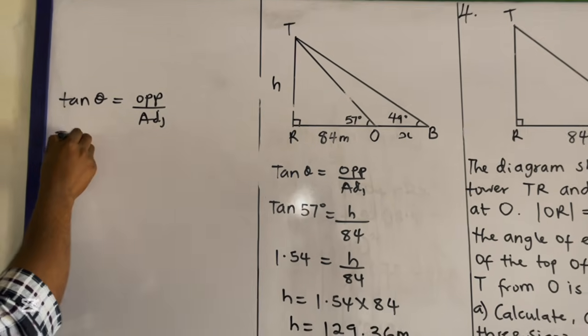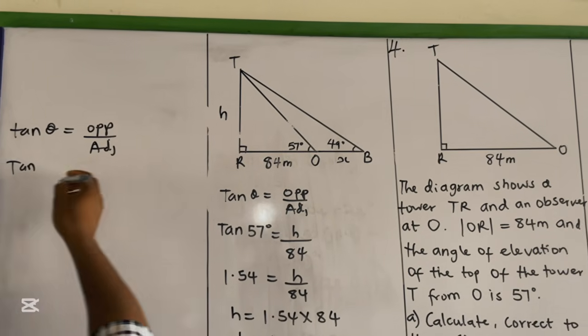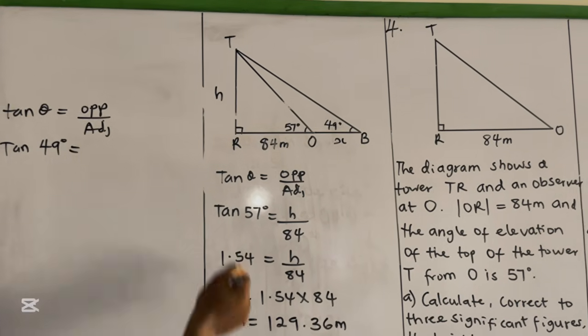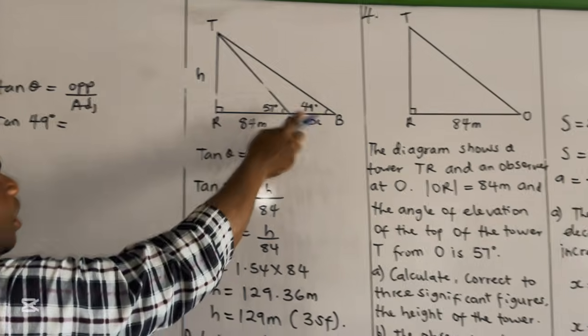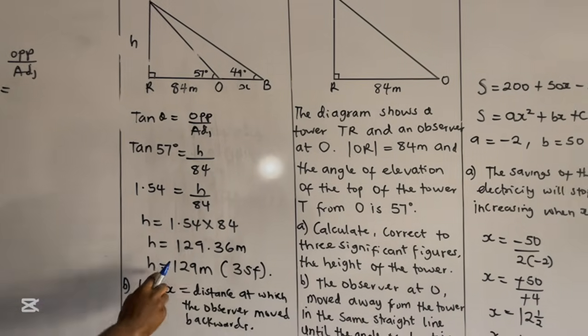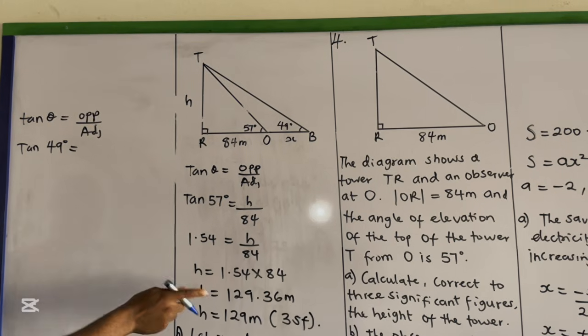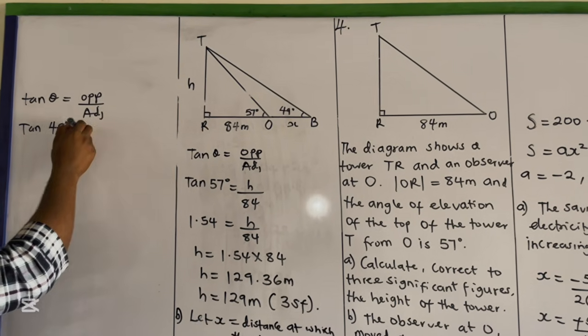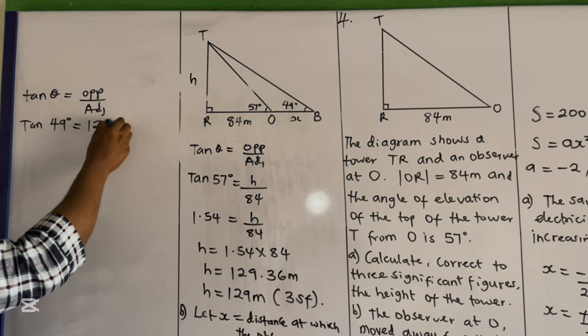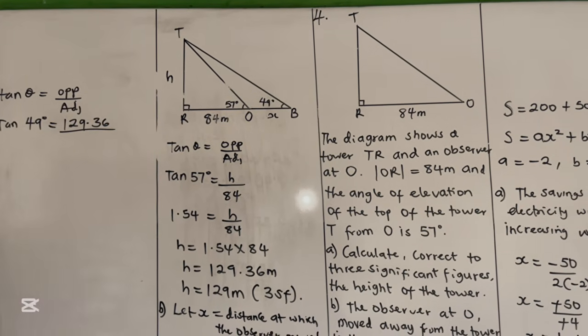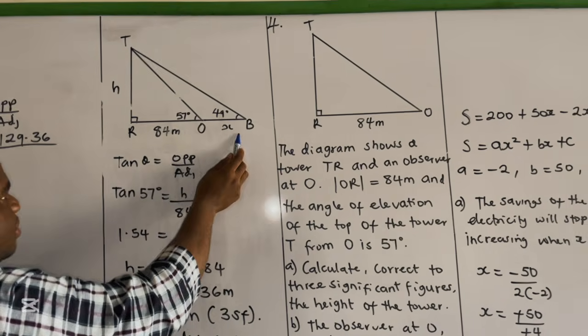So tan, the angle that we have there is 49 degrees, is equal to opposite, that is the opposite the angle is the height, which in the question we had as 129.36 meters, over the adjacent, which is this plus this.